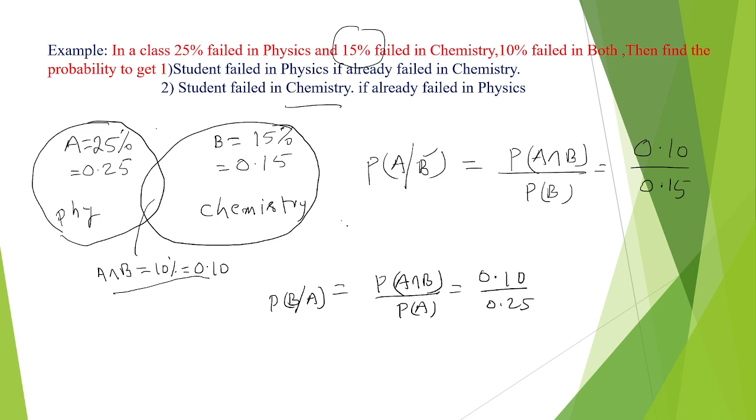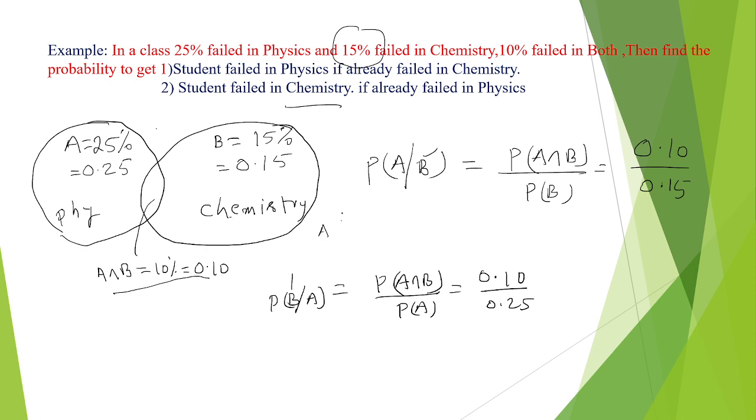Just assume A means failed in physics and B means failed in chemistry, which we are finding.